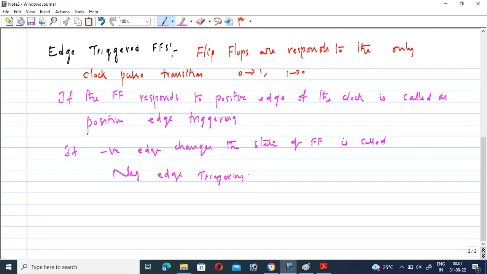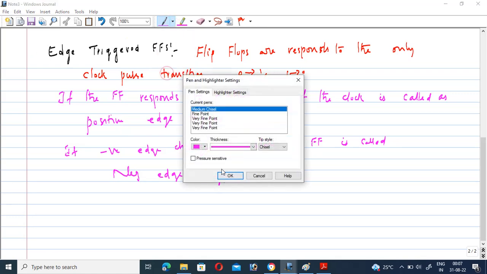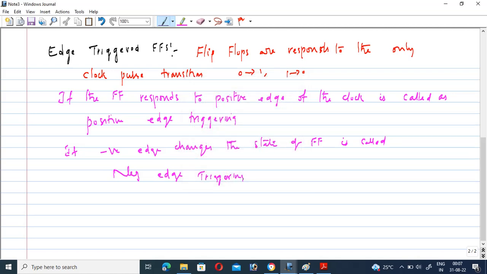Okay, one more classification is pulse triggering. Pulse triggering means that data is entered into the flip-flop on the rising edge of the clock.